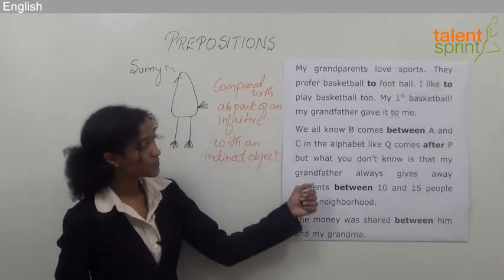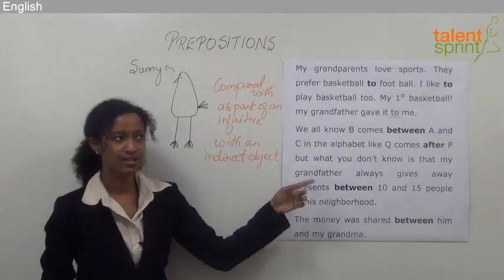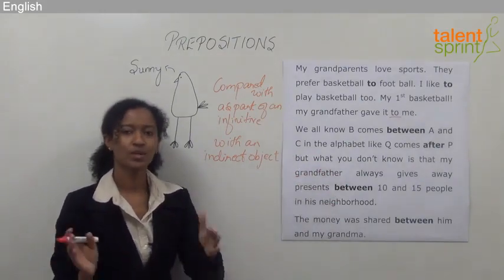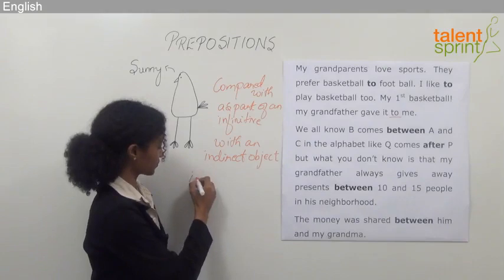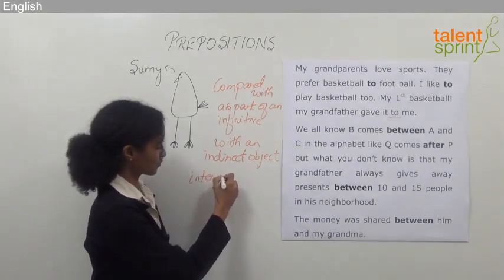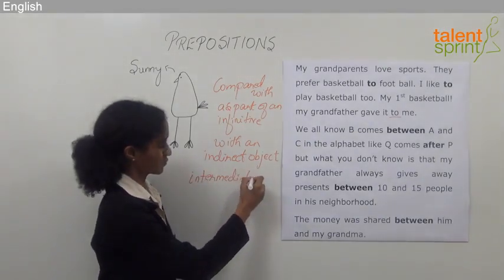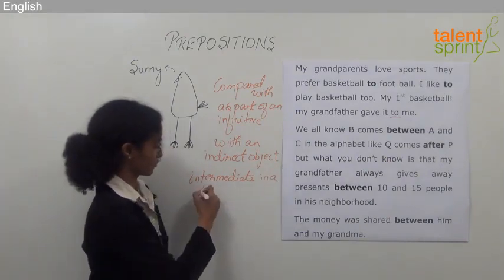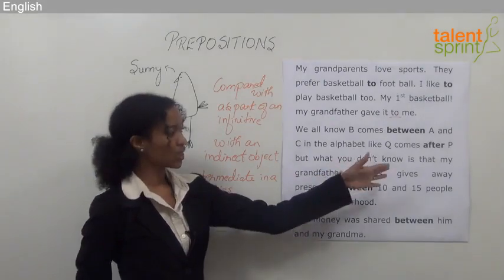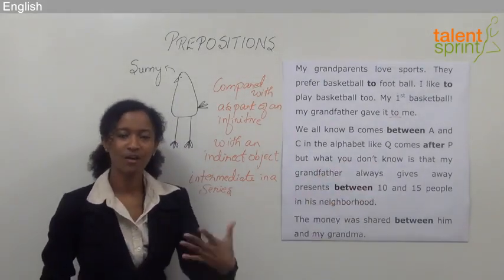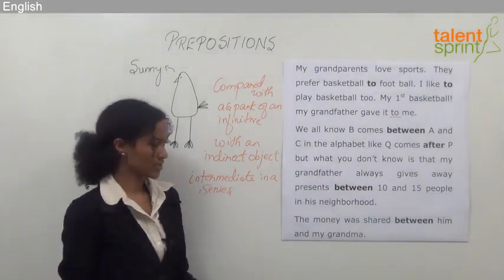We all know B comes between A and C. So that between there denotes an intermediate in a series. And like Q comes after P, there after denotes later in a series.